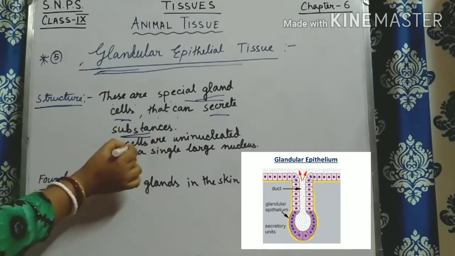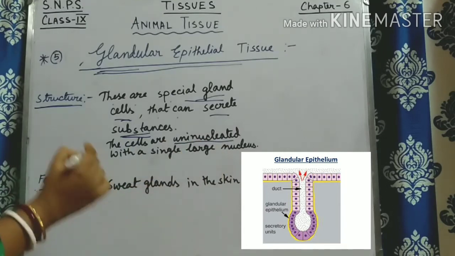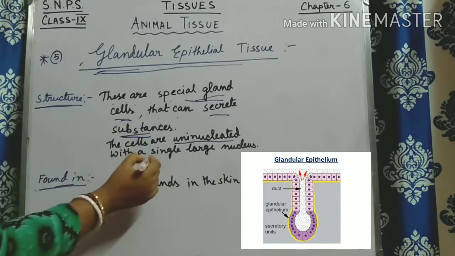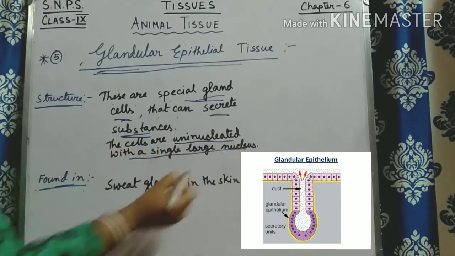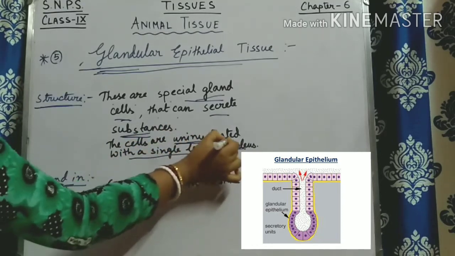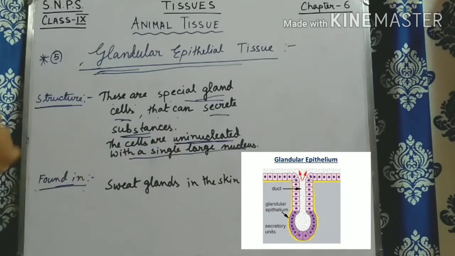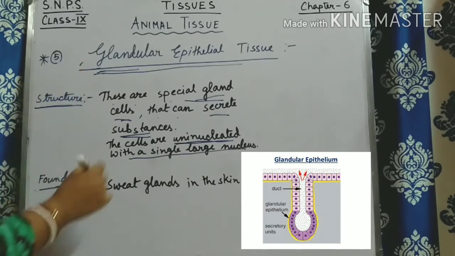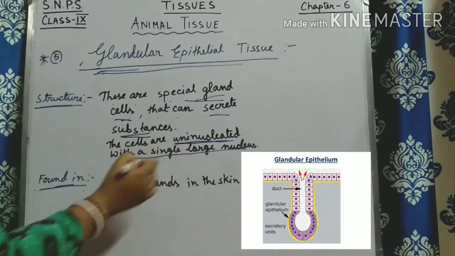The cells are uninucleated. Uni means one, so a single large nucleus is present inside one cell.